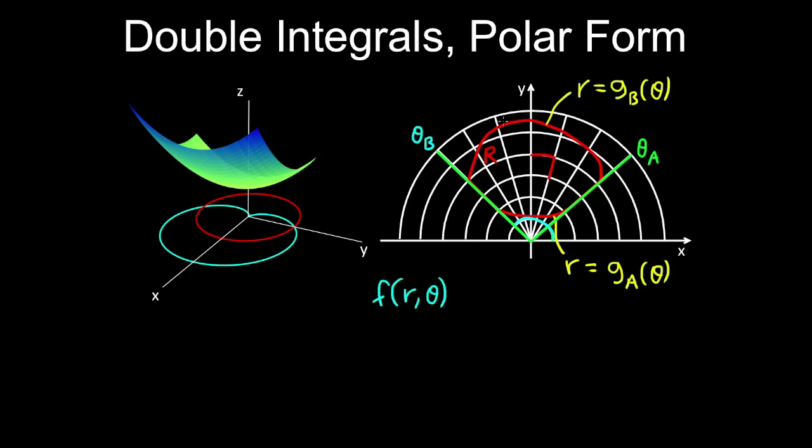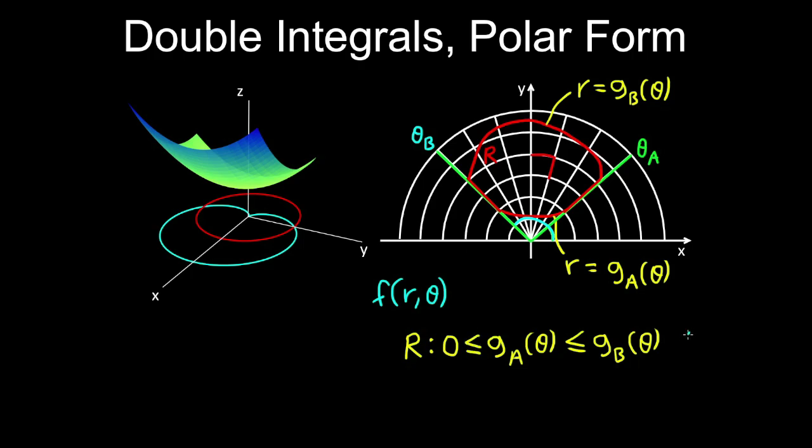Now considering the region R is bounded by the two polar curves and two rays at theta A and theta B, and the boundary is defined such that the function of polar curve A is smaller than that of B for all values of theta between theta A and theta B, and both polar functions are positive.